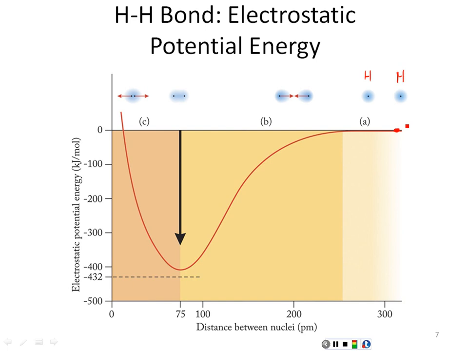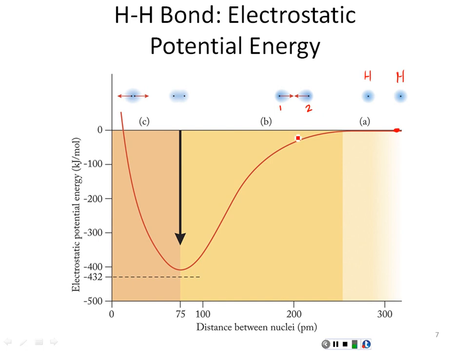As these two hydrogen atoms get closer to one another, the electron cloud, the blue part, from one hydrogen atom starts to feel the attractive force of the nucleus from hydrogen atom number 2, and vice versa. The electron cloud on hydrogen atom 2 feels the attractive force from the nucleus on hydrogen atom 1.